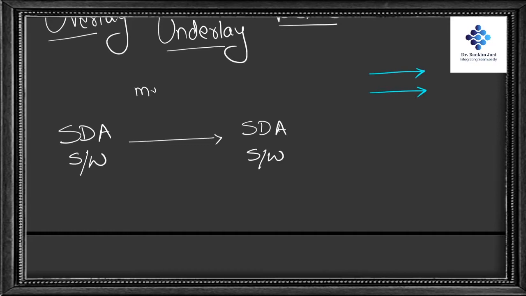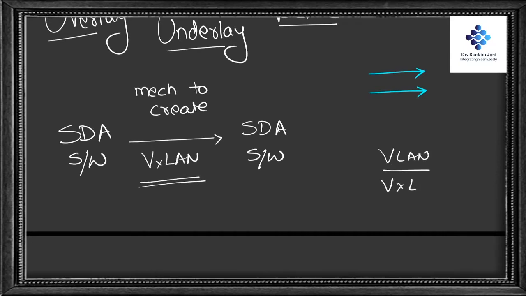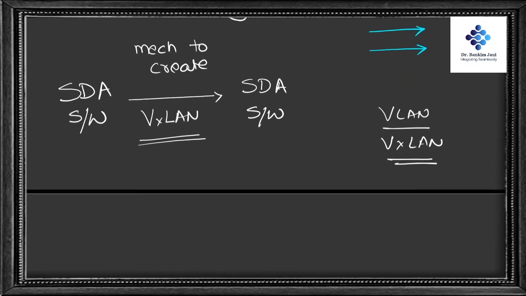So there is a mechanism to create this, and this is what is called VxLAN. We know what a VLAN was, but this VxLAN is a similar thing that goes way beyond our normal VLAN. We'll see this in more detail, but let's first finish this VxLAN only.